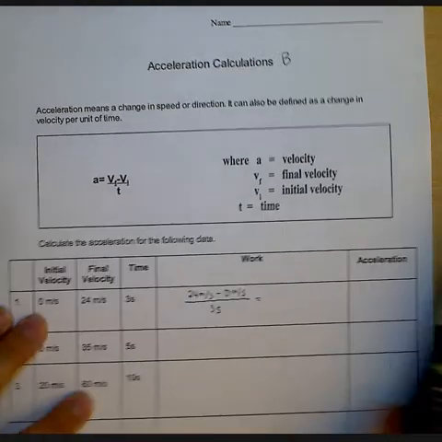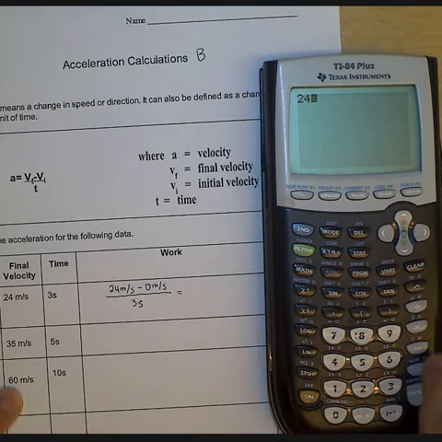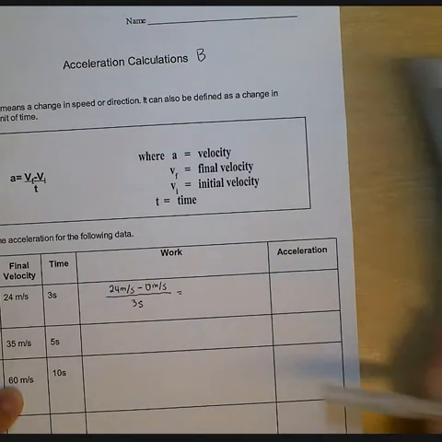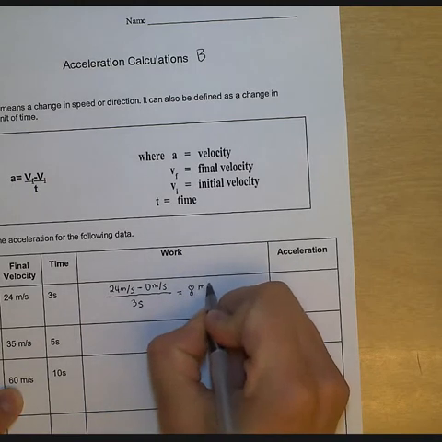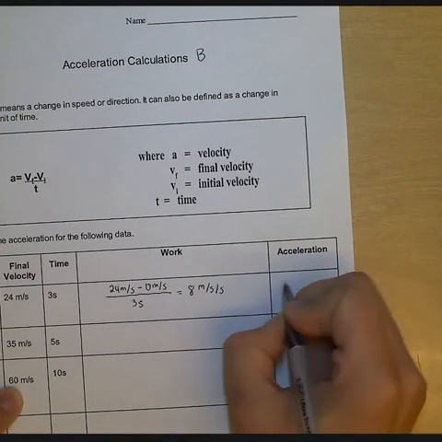When I put that into my equation, I'm going to get 8 meters per second, or otherwise sometimes they say 8 meters per second squared.